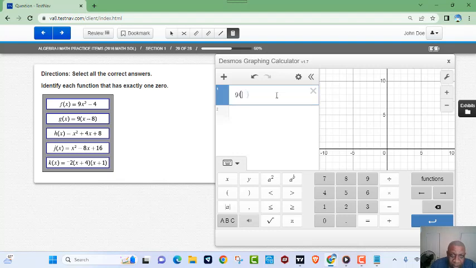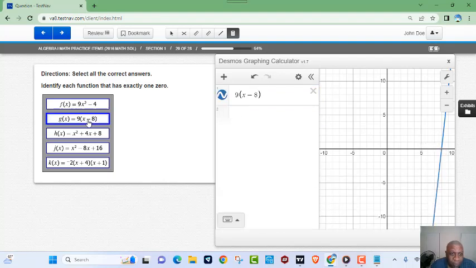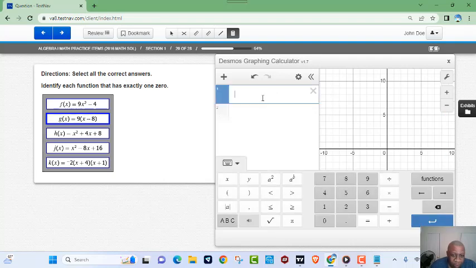9 times (x minus 8). Okay. Yep, this one has exactly 1 zero. So I'll highlight that one. All right, let's look at the next one. So we have x squared plus 4x plus 8.